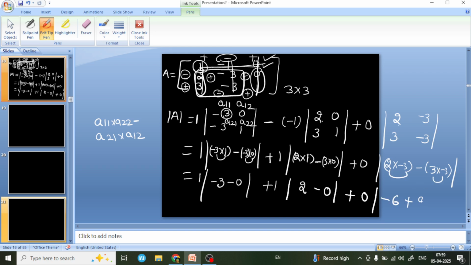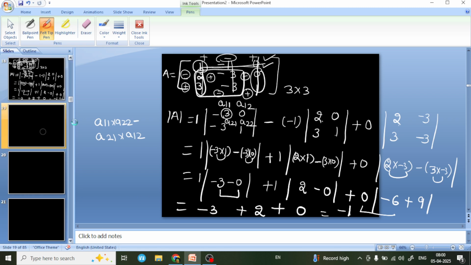Minus minus plus: 3 minus 0, so minus 3, multiplied by 1 is minus 3. 2 minus 0 is 2, 2 multiply by 1 plus 2. When we multiply 0 with any number, then the number will be 0. Minus 3 plus 2 is minus 1.